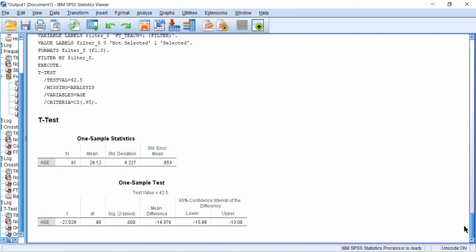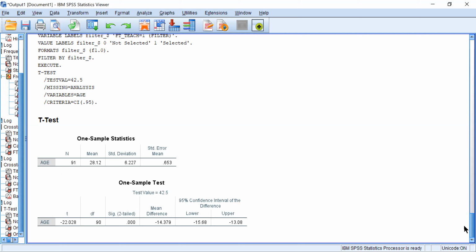I might just stop there, indicating that they were novice teachers. But I'm going on and saying indicating that they were novice teachers when compared to the New York State mean of 42.5 for full-time teachers. I don't even think I would report the one sample t-test. The results here are so kind of just obvious comparing 28 to 42.5.